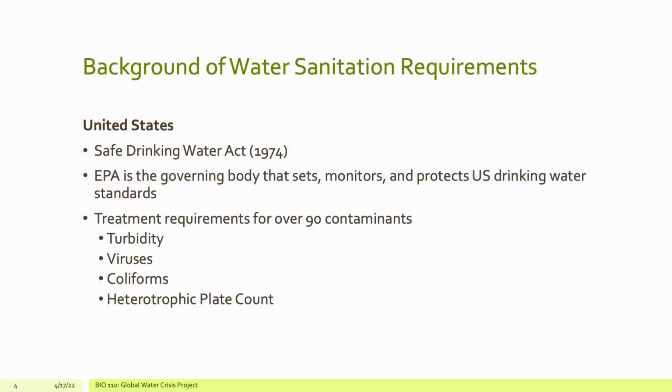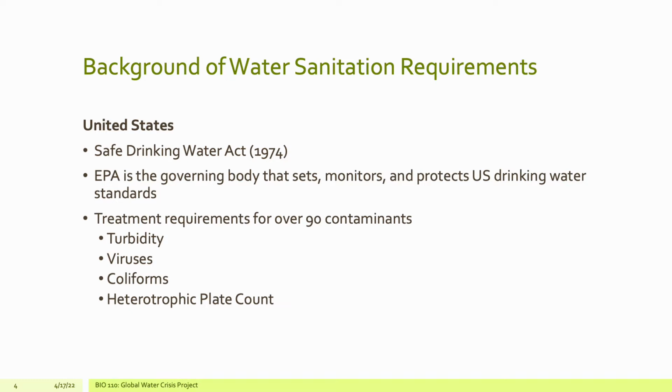So moving on to the background for the United States water sanitation requirements. Basically, under the Safe Drinking Water Act created in 1974, it has been amended several times throughout the years. So basically, the EPA is going to be the one setting the standards, monitoring, and protecting the U.S. water quality.